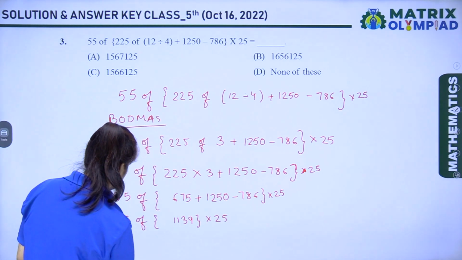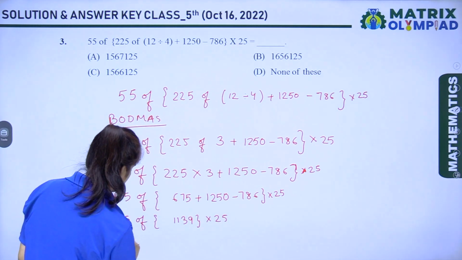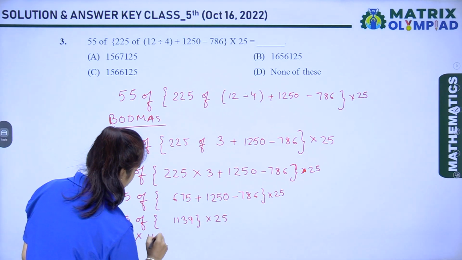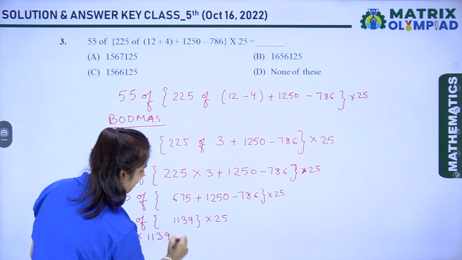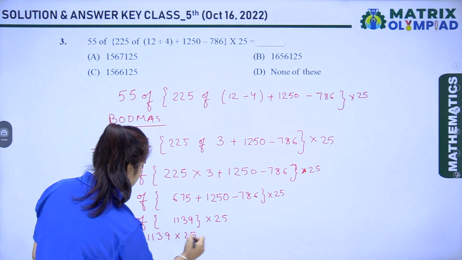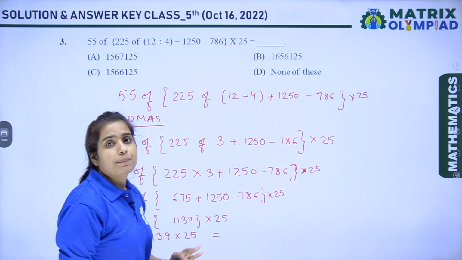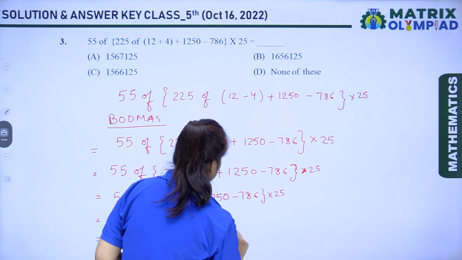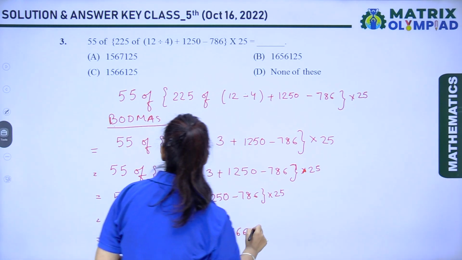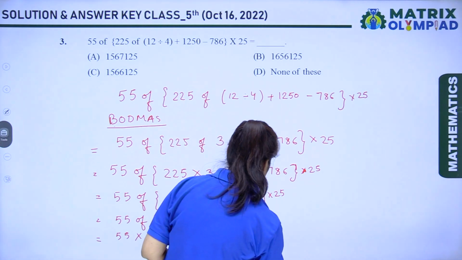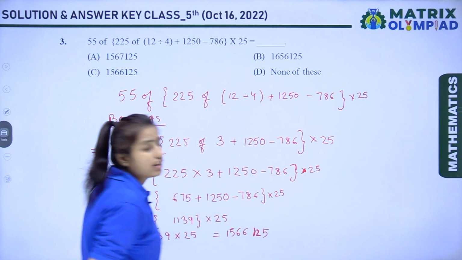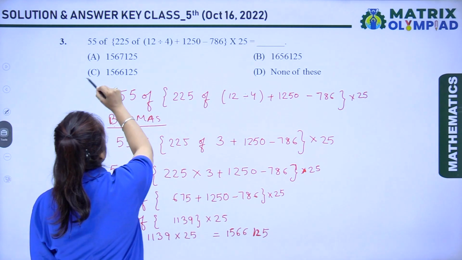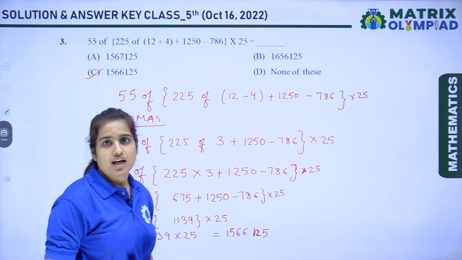So here we get 55 multiplied by 1139 multiplied by 25. So we get the product here, that is 15,66,125. And according to this, option C is the correct answer.